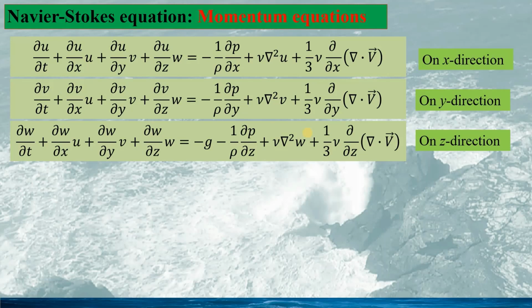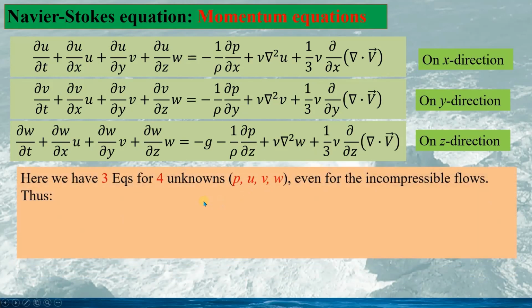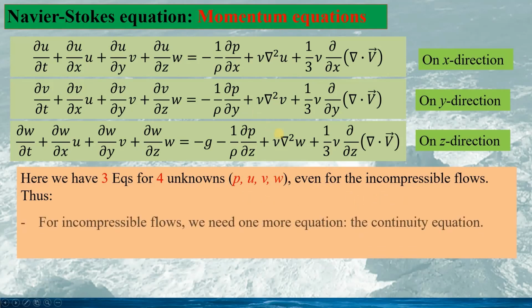So all these three momentum equations are the momentum equations for the Navier-Stokes equation. Here we can see we have three momentum equations, but we have four unknowns, the pressure P, and the three velocity components u, v, and w. This is so even for the incompressible flow.